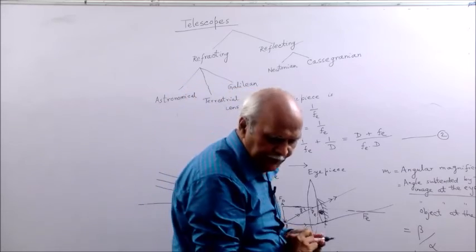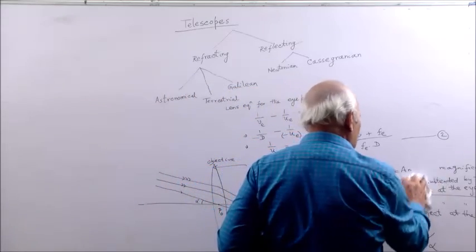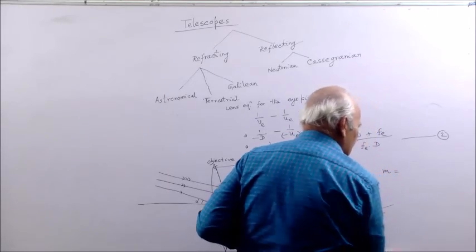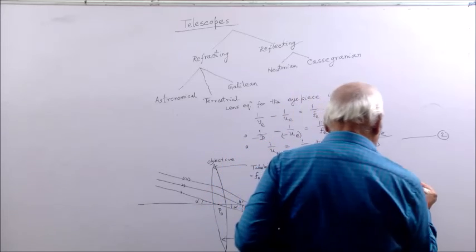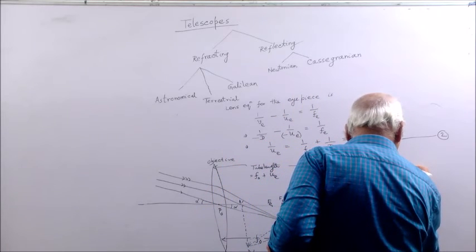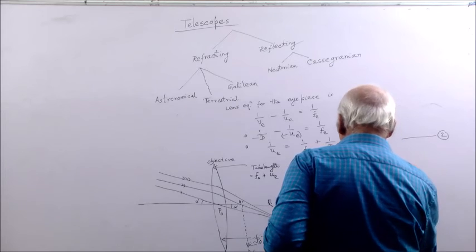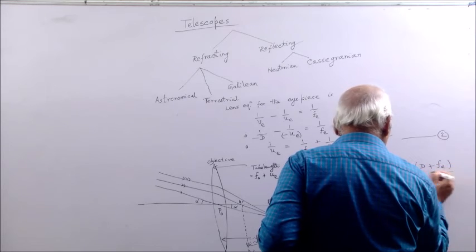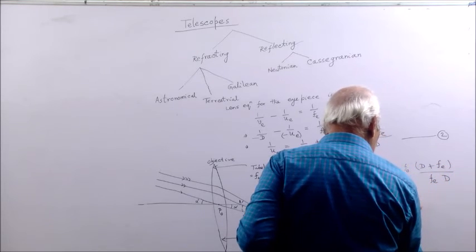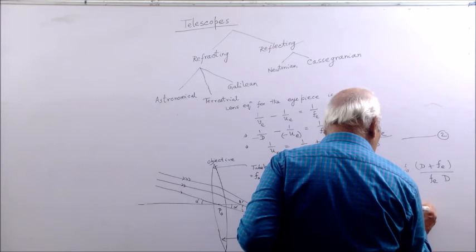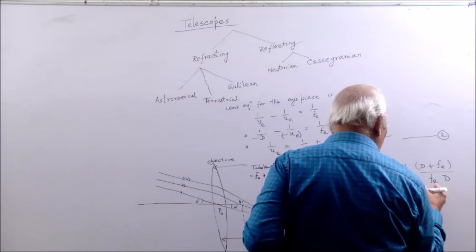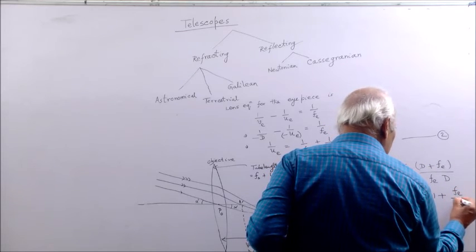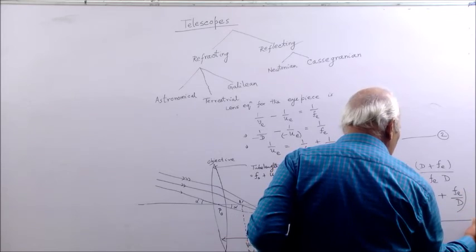You find M. So, M will be FO into D plus FE by FE D, and it is FO by FE, then you divide by D. So, it becomes FE by D. So, it is the third equation.